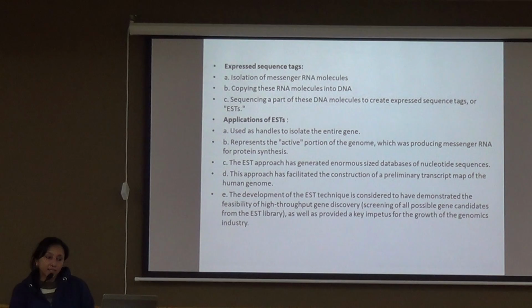The development of the EST technique is considered to have demonstrated the feasibility of high throughput gene discovery, screening of all possible gene candidates from the EST library, as well as provided key impetus for the growth of genomics.